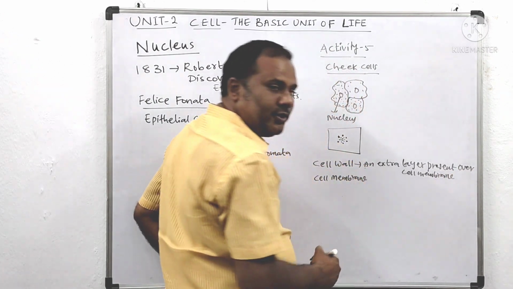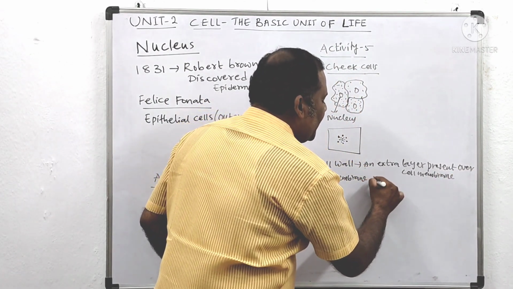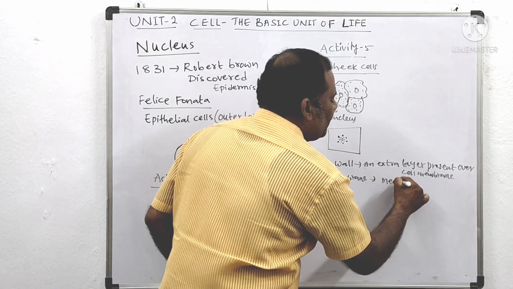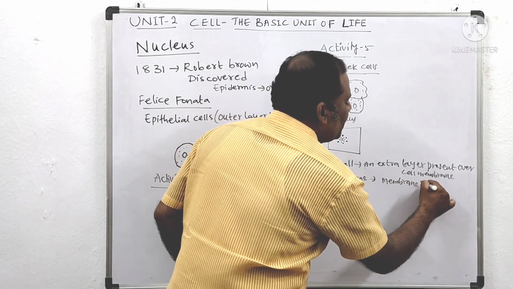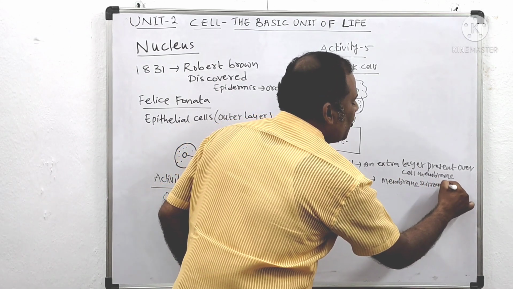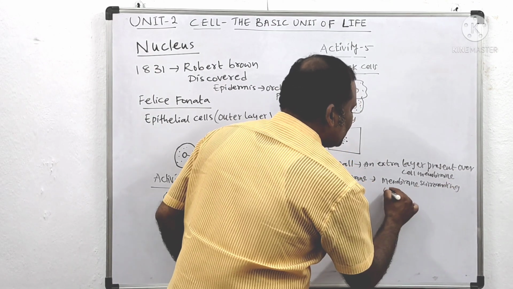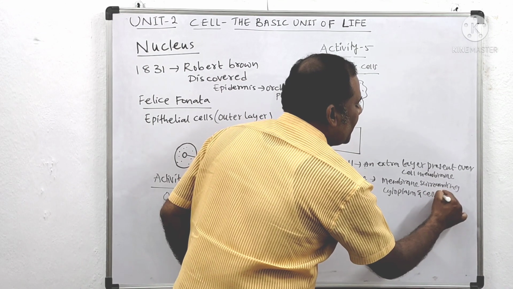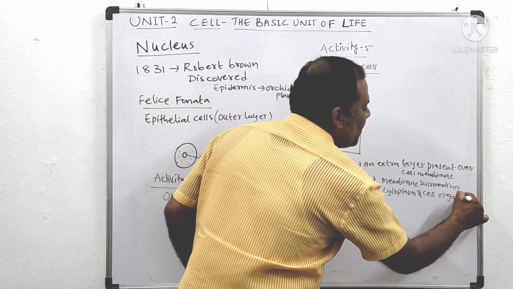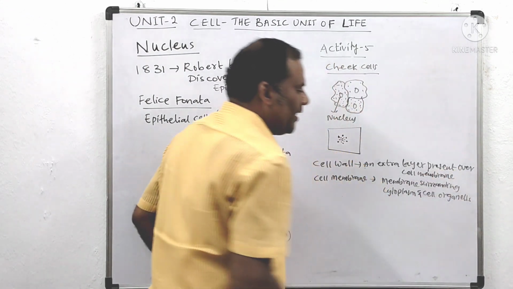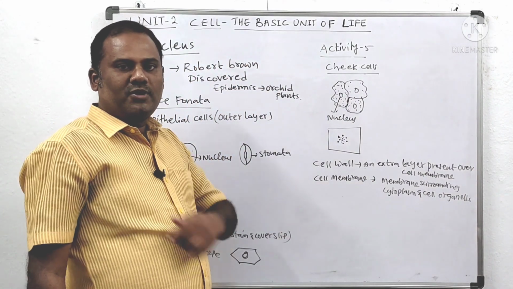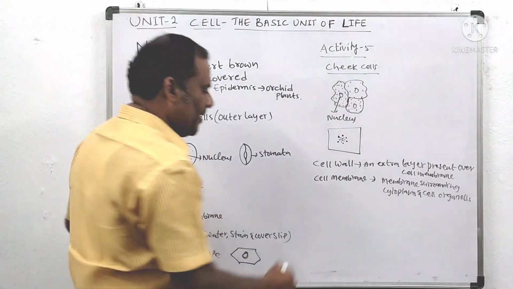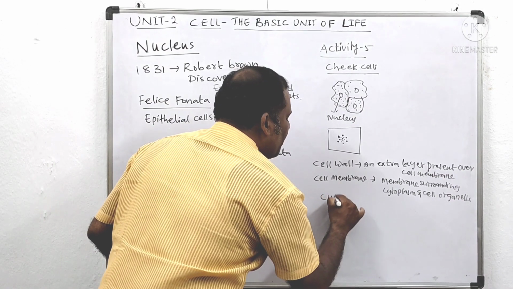In the previous video also I told. Whereas the cell membrane is a membrane surrounding the cell, surrounding the cytoplasm and cell organelles. Cell organelles means the parts of the cell are called cell organelles. So that is about the cell wall as well as the cell membrane.